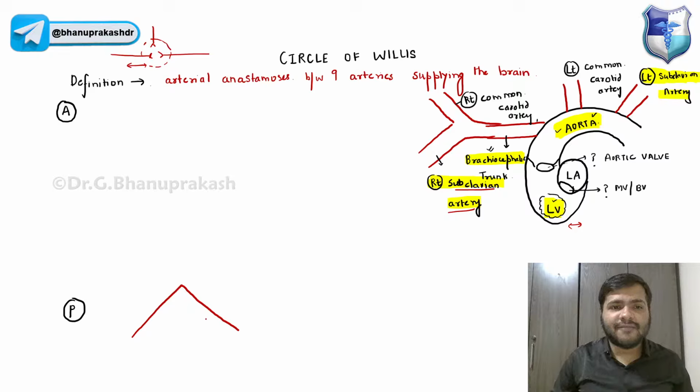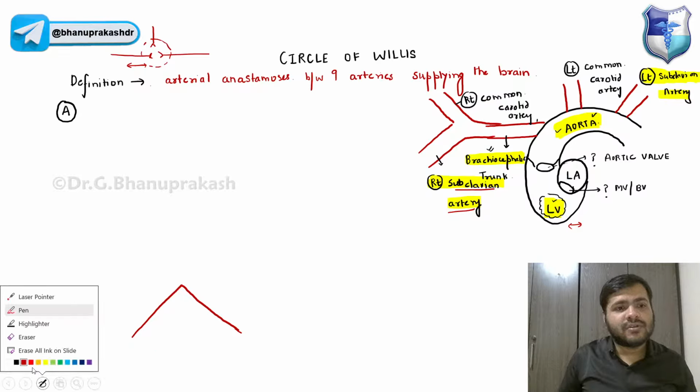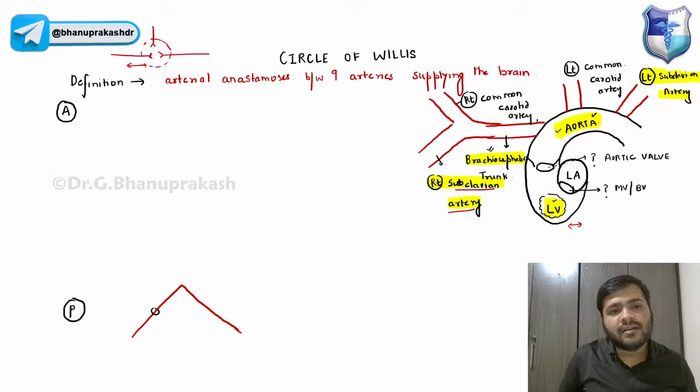We have the vertebral artery. So remember, we have two vertebral arteries. This one will be the right vertebral artery, and this one will be the left vertebral artery.